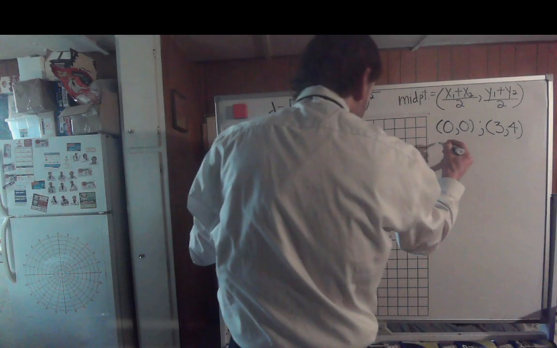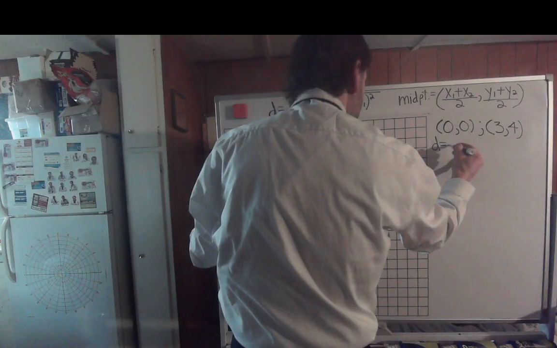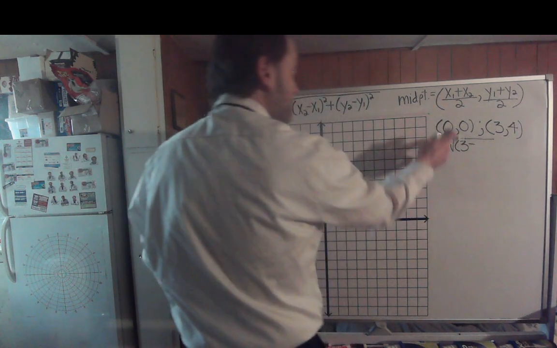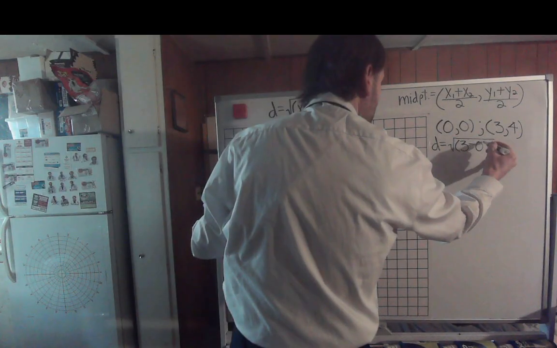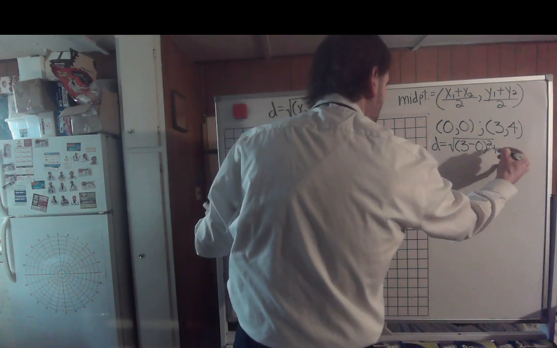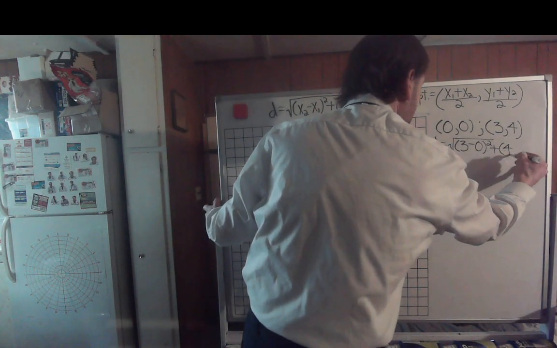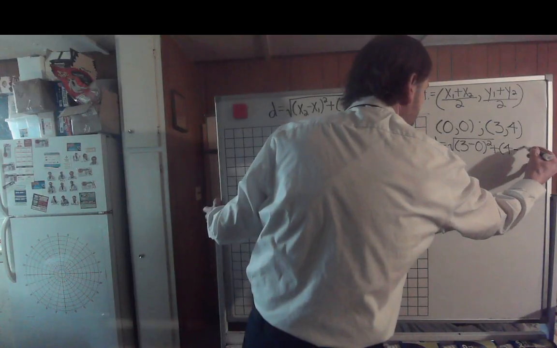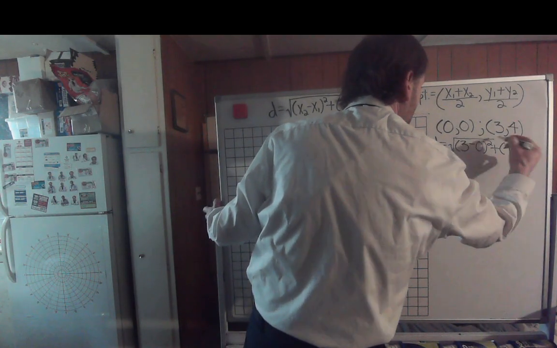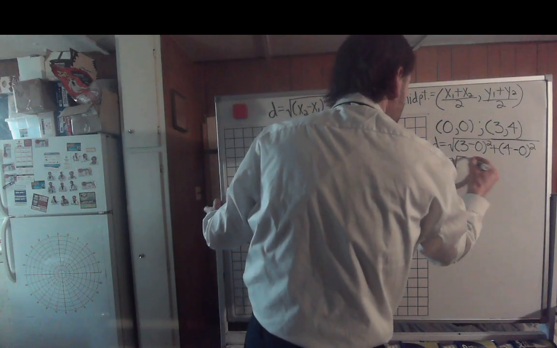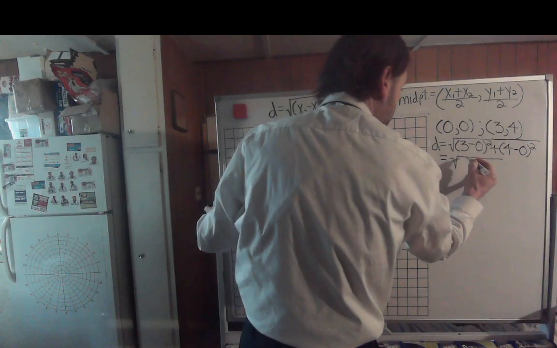You could think of the distance as the length of that segment. So to find my distance, I'm going to take the square root of my second x-coordinate, which is 3, minus my first x-coordinate, which is 0, raised to the second power, plus my second y-coordinate, which is 4, minus my first y-coordinate, which is 0. And then I'm going to simplify. 3 minus 0 is just 3.